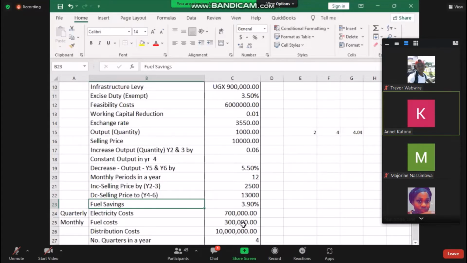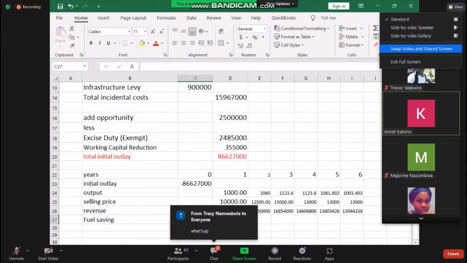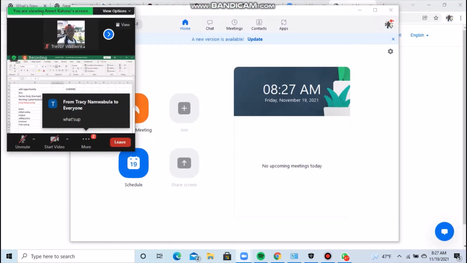And out of that cost, we shall have a saving of 3.9%. So what are we going to do? Not to disturb ourselves, we shall first leave that column. We shall go back to it when we get the fuel cost under the expenses.